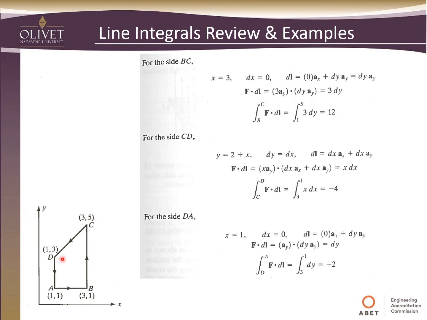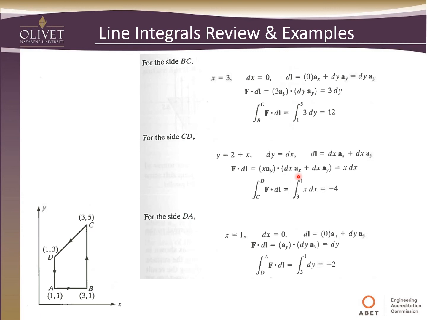If we go from C to D, this is probably the trickiest one. We have to define y. y is going to be 2 plus x, and we get that from the equation of a line here. Our dy is going to equal dx in this case. So now we have the differential length, dx a_x plus dx a_y. If we dot this out, remember we have our F, which is x a_y, as originally defined.